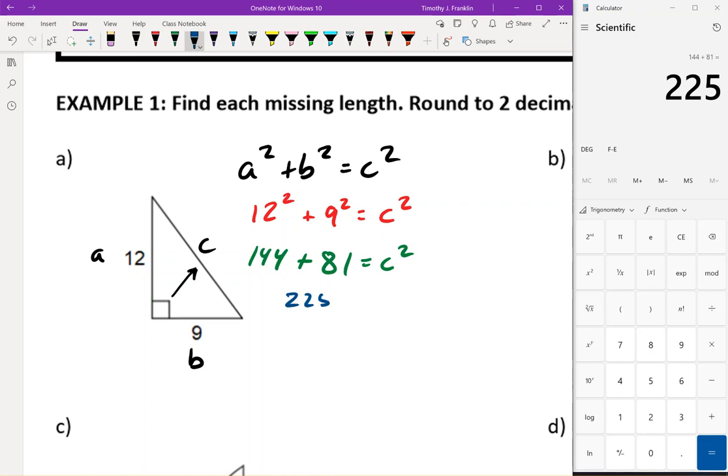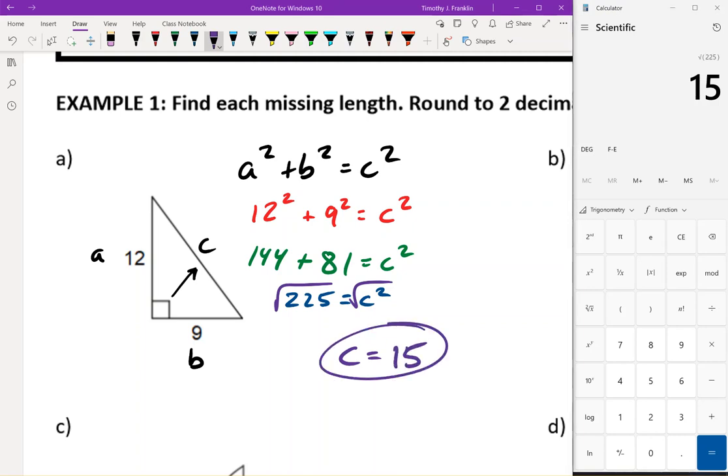So 225 equals c squared. And now we just take the square root of both sides and c would equal 15. And so if you have a square root chart, use it, but we need the calculator for the decimal answers anyway, so no harm in using it for all of them.